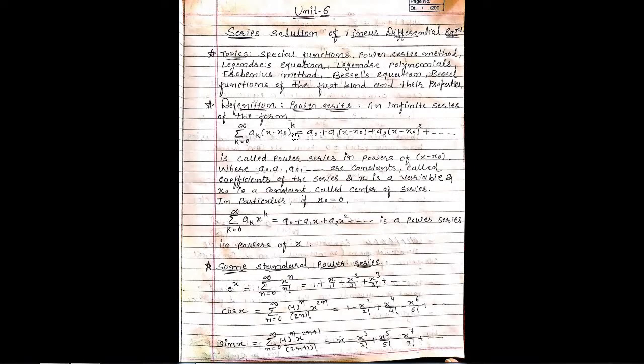If we expand this, that means if we put different values of k, we can write a0 plus a1 (x minus x0) plus a2 (x minus x0) square plus and so on. This series is called a power series in powers of x minus x0, because in each and every term we have different powers of x minus x0.